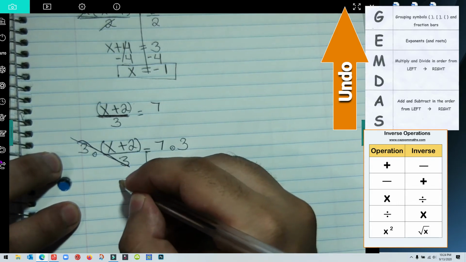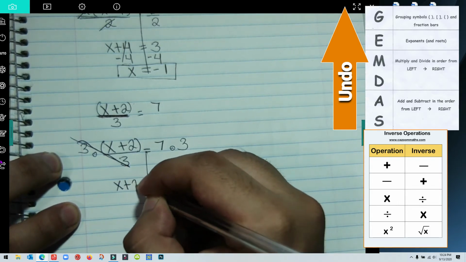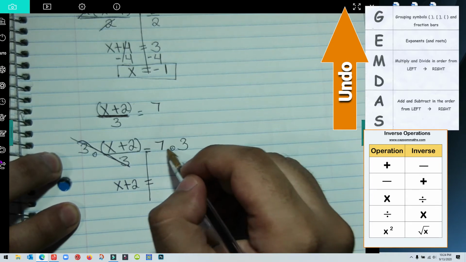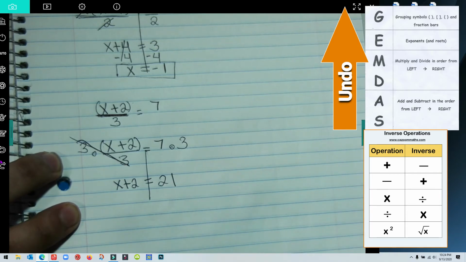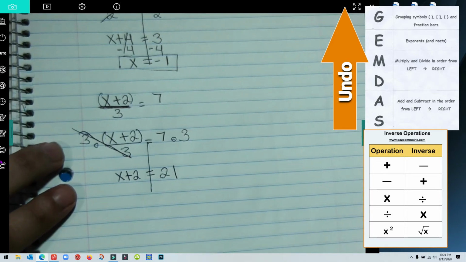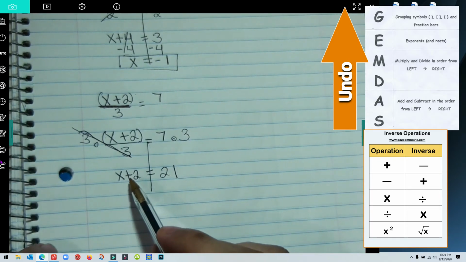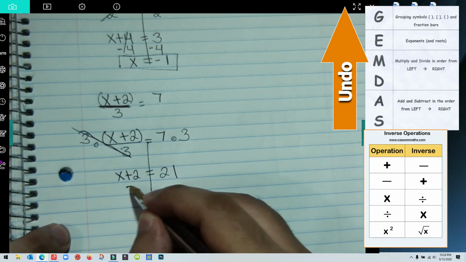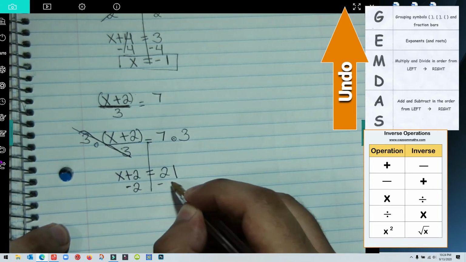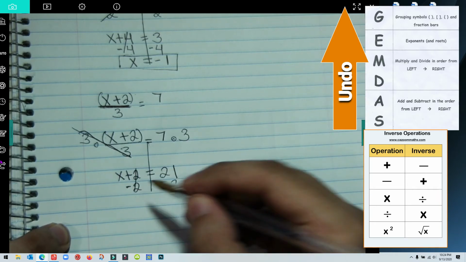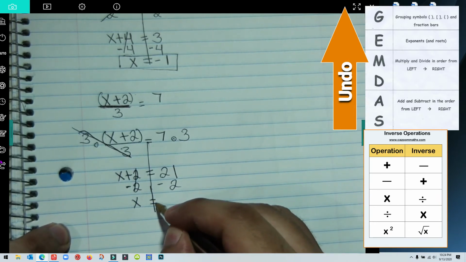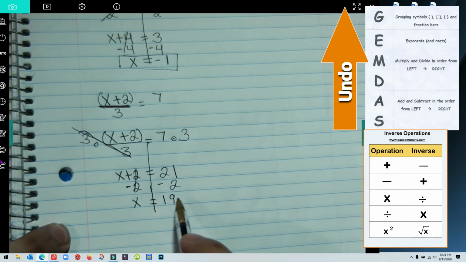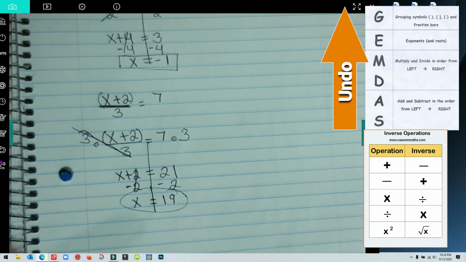So we're left with only x plus 2 is equal to 7 times 3, which is 21. Now the last thing I'm going to do, I have x plus 2, so I'm going to go ahead and subtract 2 from both sides. And I'm left with x equals 19. And that right there is my final answer.